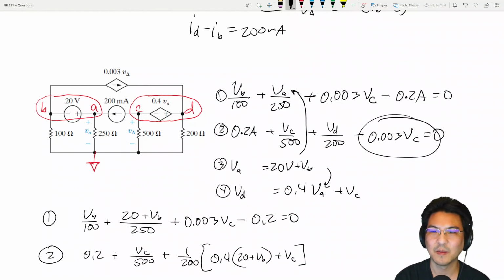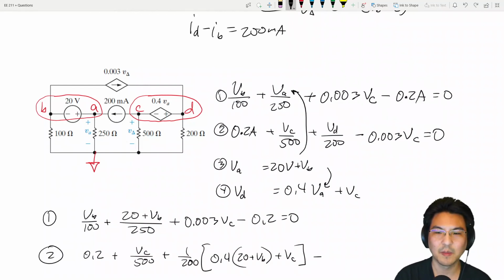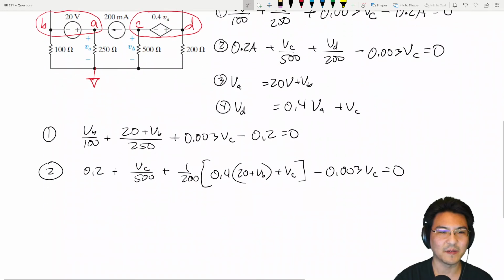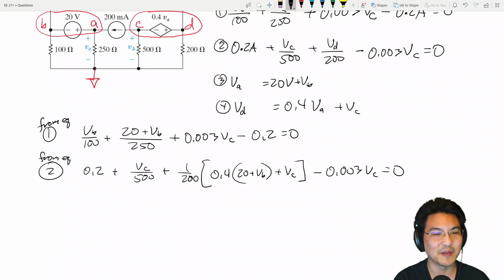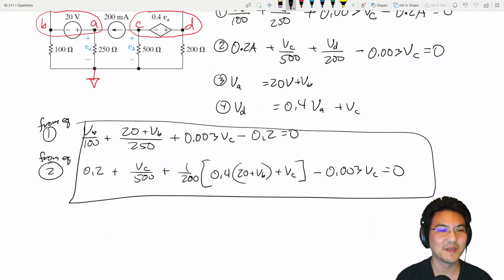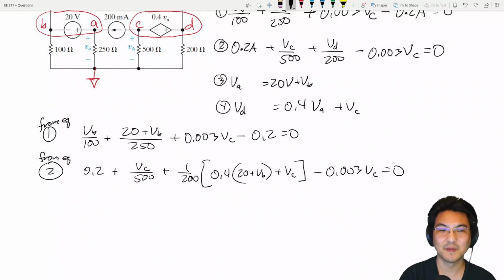Now here minus 0.003 VC. Okay. Now, let me clear up my grammar here. From equation 1, and this is from equation 2. But now these two equations are just two unknowns. Let me clean it up one more step.